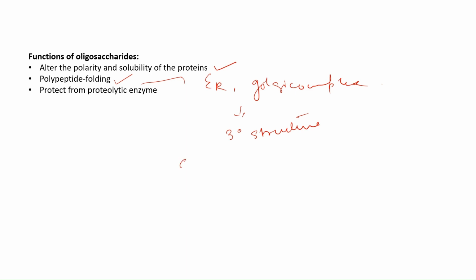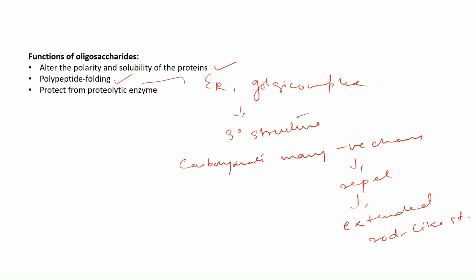Also, the carbohydrate contains many negative charges. What will happen? If many negative charges are present, they will repel each other. Because of this repulsion, the protein will gain an extended rod-like structure. So the oligosaccharides attached with the protein can determine the structure or the folding of the protein.